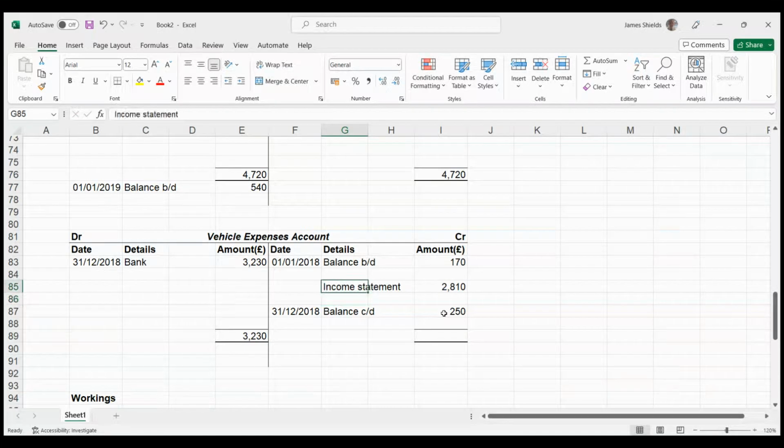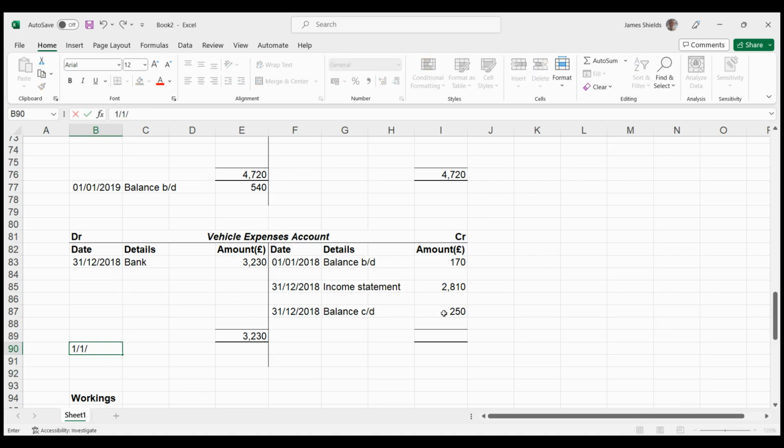So that's the expenses relating to this year. So it's the 31st December 18. And again, because we've got a balance carried down, to get this extra mark, we want the balance brought down on the opposite side underneath the total on the next day. So it's going to be the 1st of January 19. It's going to be balance brought down of £250.